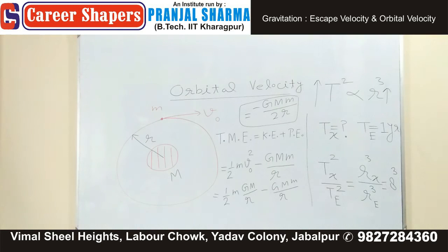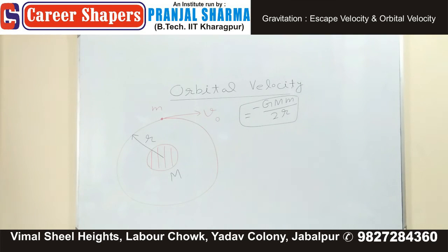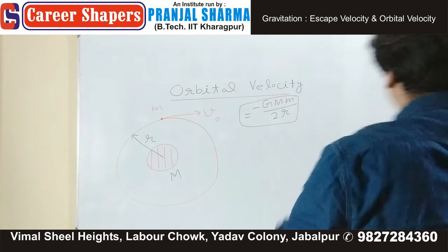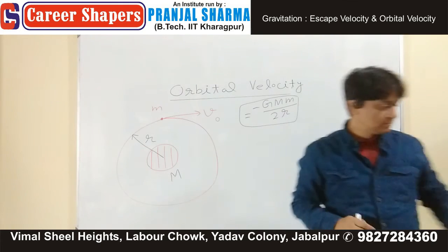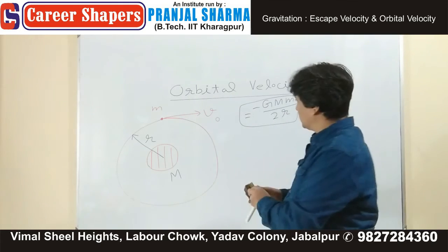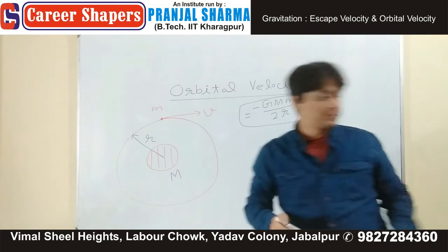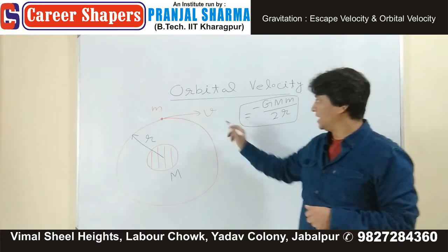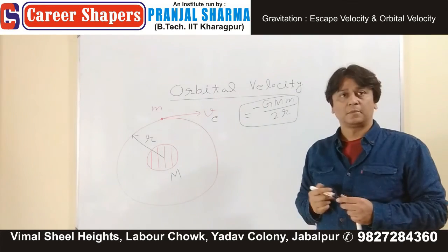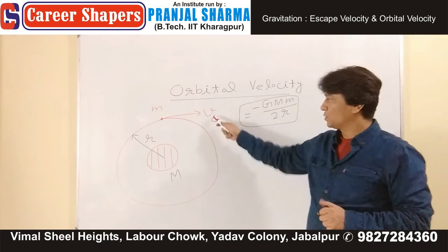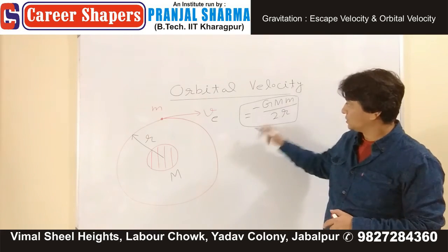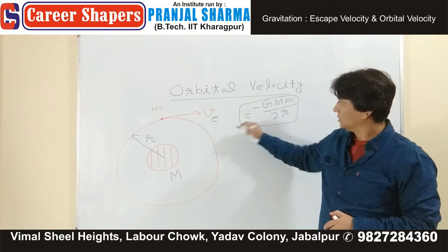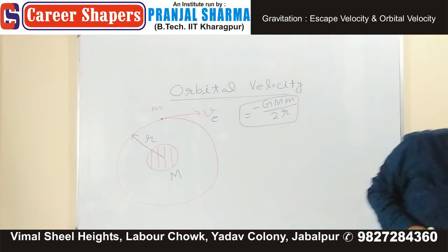Should not take more than 30 seconds. Good. Suppose escape velocity of the satellite is VE. What was VE? This is VO. No, this is not VO, this is total mechanical energy.